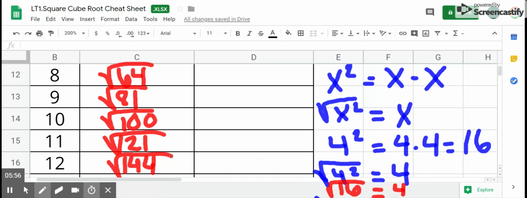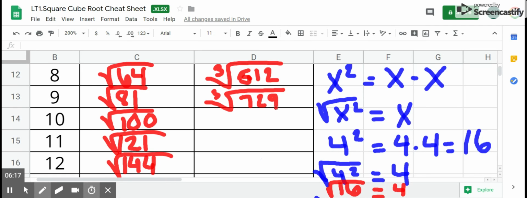Now, cubed root. I need to multiply it 3 times. So 8 times 8 is 64, times 8 is 512. Next one, 9 times 9 is 81, times 9 is 729. Next one, 10 times 10 is 100, 100 times 10 is 1000.